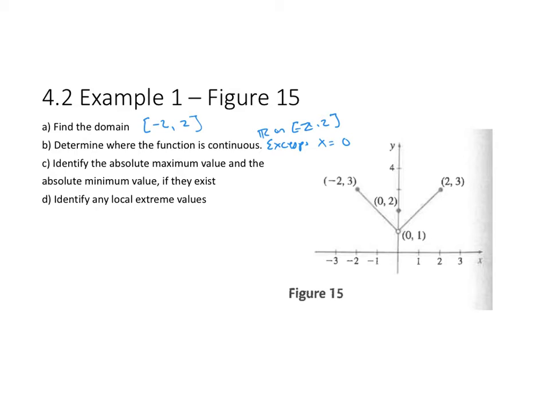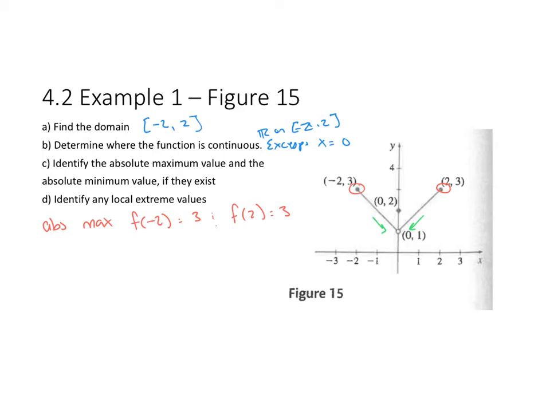Here we're going to have 2. 3 is our biggest y value, and that happens at 2 places. So our absolute max is at f of negative 2 equals 3 and at f of 2 equals 3. Although we get very close to our y value being 0, it doesn't actually equal 0 because we have an open circle, so we do not have an absolute min.